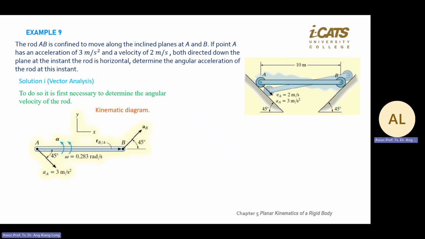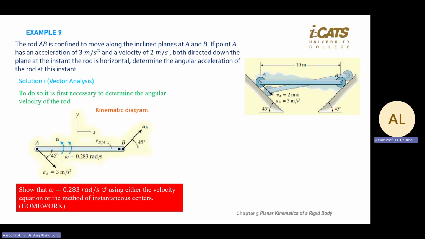The one in the question is the resultant acceleration. So the resultant has two components, tangent and normal direction. Yeah, this one is the resultant. Okay. So we can find this one. You can use instantaneous.